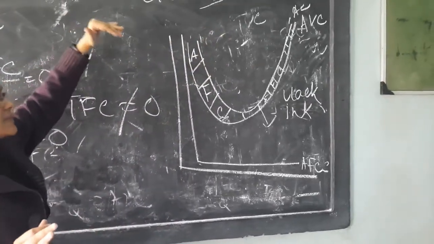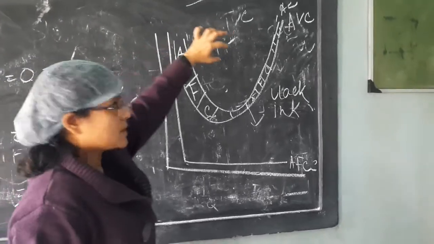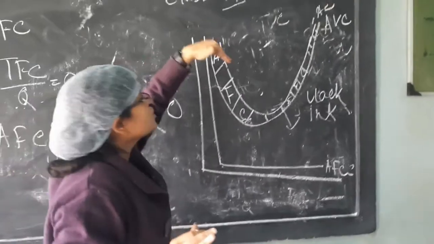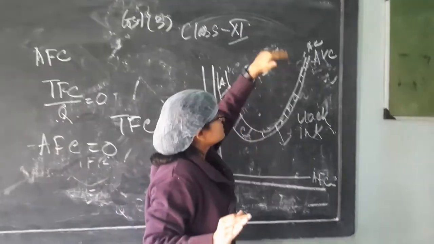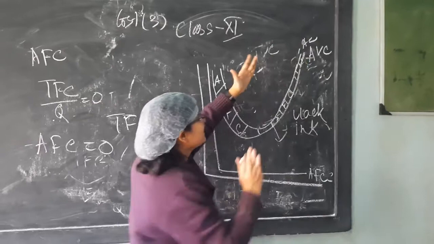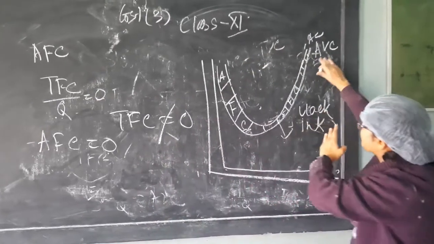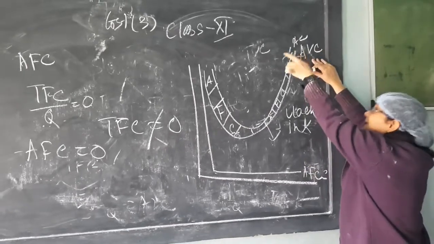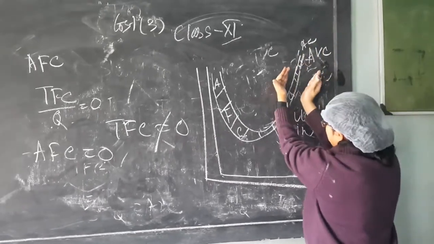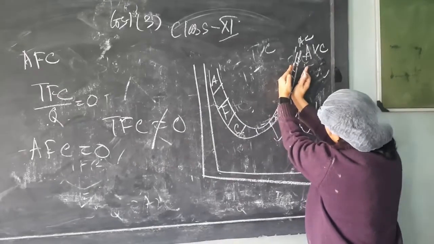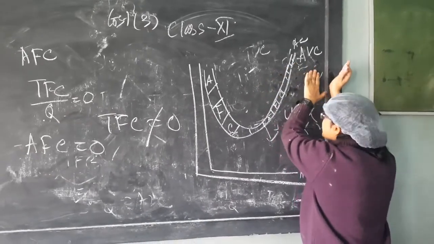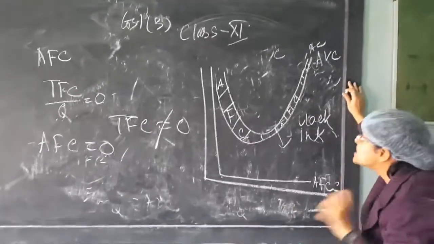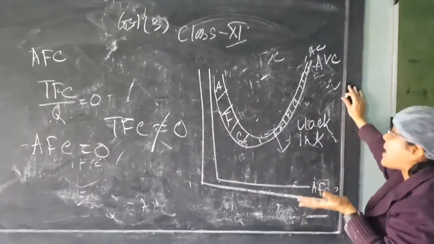Initially AFC's proportion towards AC is more, but afterwards the proportion of AFC towards AC drops down, and as a result AVC becomes the significant part of AC. As a result, the gap becomes very close. Clear? Understood? Because AVC comprises the major part, better to say the maximum part, of AC.